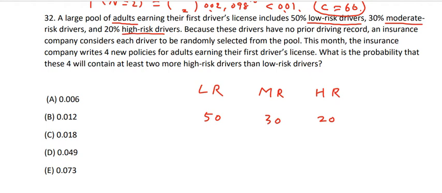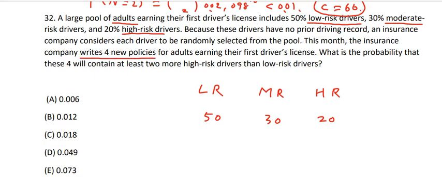Because those drivers have no previous driving record, the insurance company has no idea about them. So we assume we just pick them randomly, and the company writes 4 new policies for them.